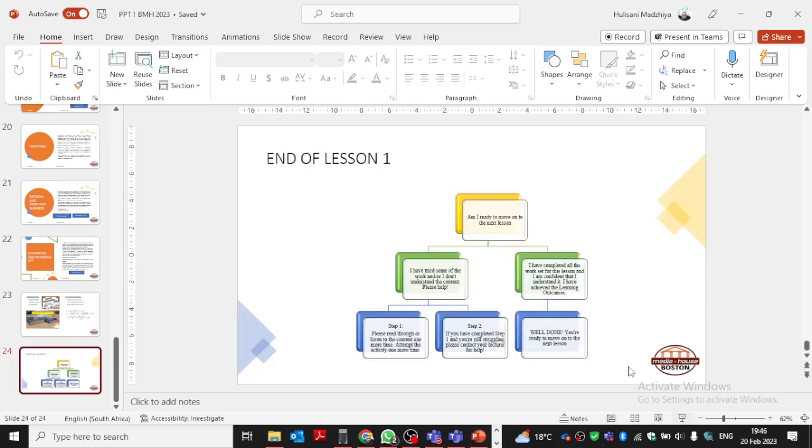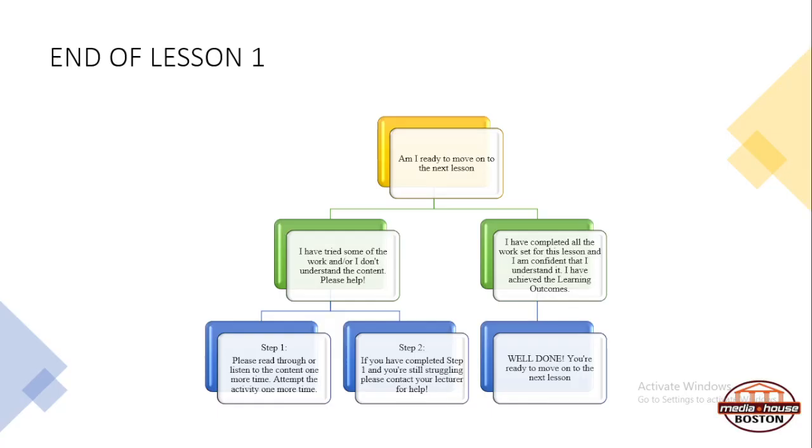It's asking: am I ready to move on to the next lesson? Yes, I have completed all the work set for this lesson and I am confident that I understand it. I have achieved the learning outcome, so this means you are done with the lesson. Well done, you can move to the next.